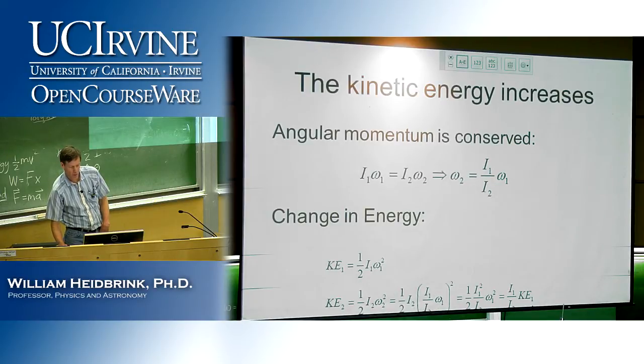Omega 2 is I1 over I2 omega 1. Square that. And what I get from that is, after I do the algebra, I end up with I1 squared over I2 times omega 1 squared. Then I remember that 1/2 I1 omega 1 squared is the initial kinetic energy. So I find that the kinetic energy with the arms pulled in is actually altered by this same factor as the velocity is, I1 over I2.